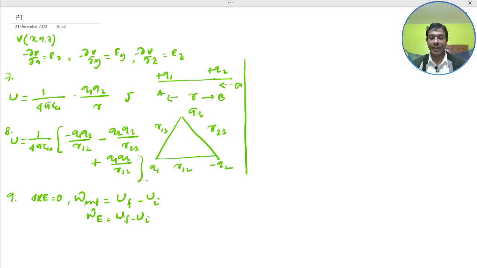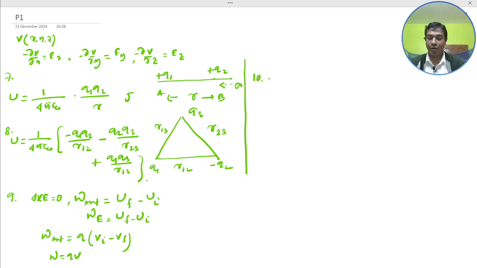Now work done in moving a charge: W external is equal to Q into V, so V initial minus V final. W equals QV.